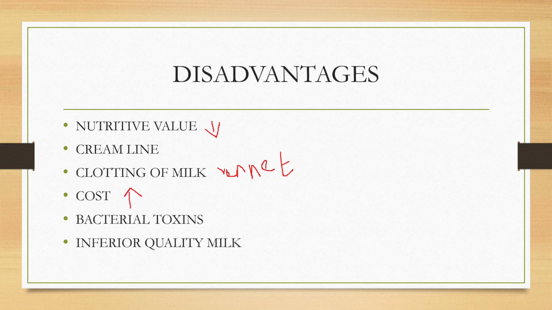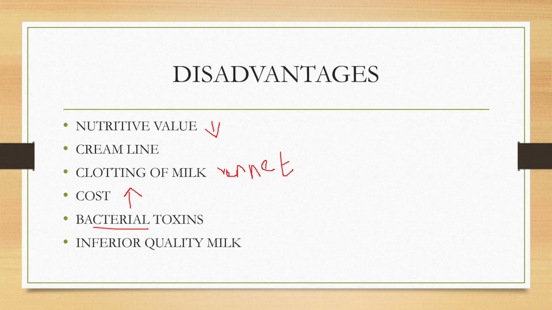Now, let's learn about the bacterial toxins. In pasteurization, when for example milk is boiled, only the bacteria, or the pathogenic organism, is destroyed, whereas the bacterial toxins still remain in the milk. This is also one of the disadvantages.